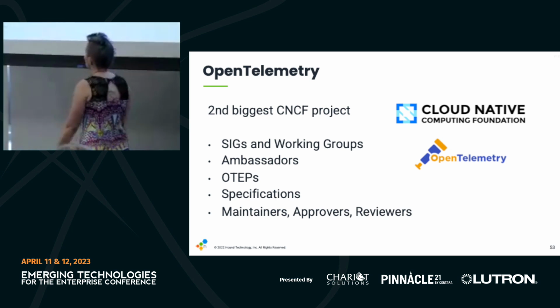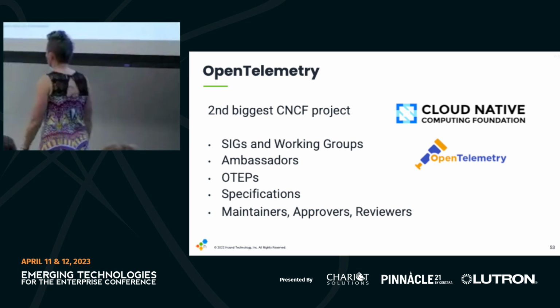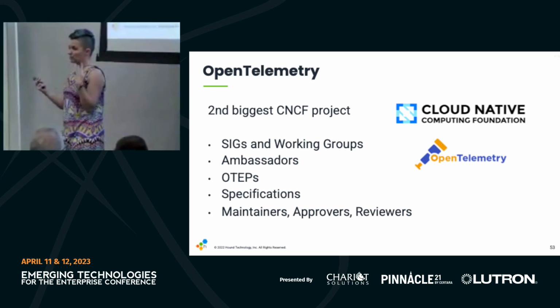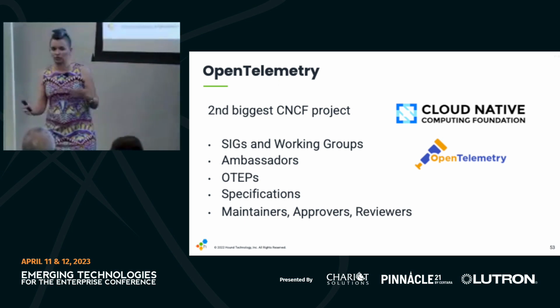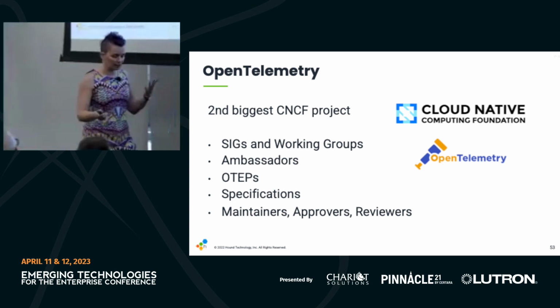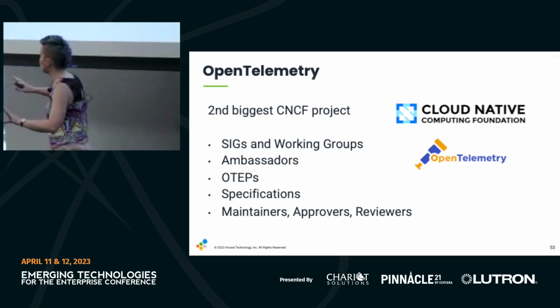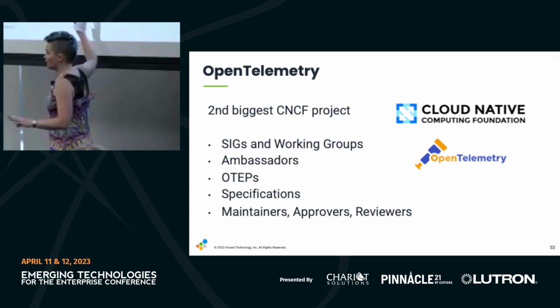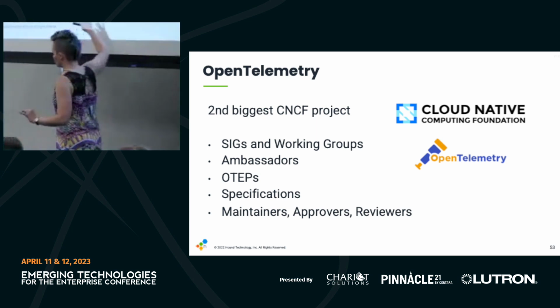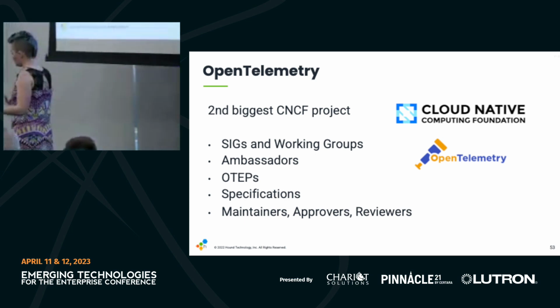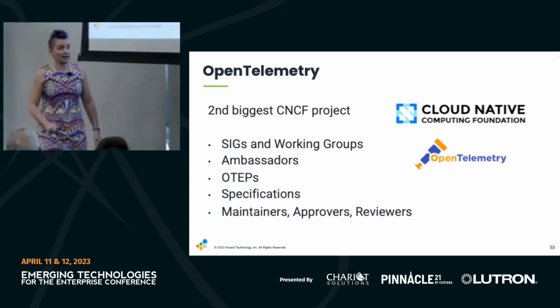We've got special interest groups and working groups. There's an ambassador program. There are OTEPs, which are the change suggestion documents. Maintainers and approvers and reviewers, and not just one set of them. There are ones for the specification, ones for the semantic conventions, ones for Java, ones for .NET, ones for PHP and Ruby, and more.